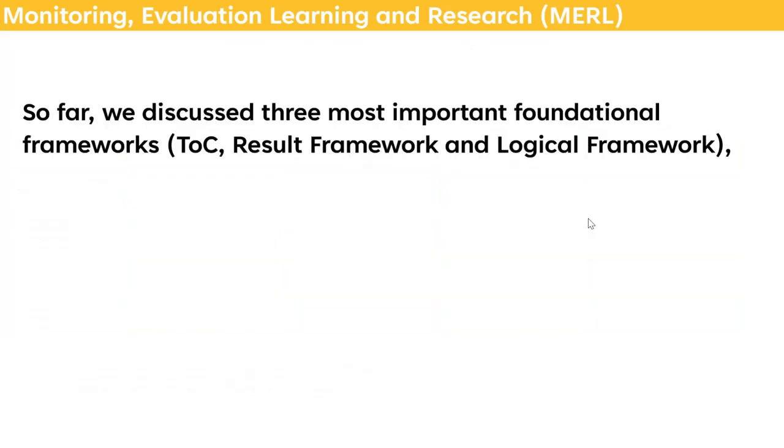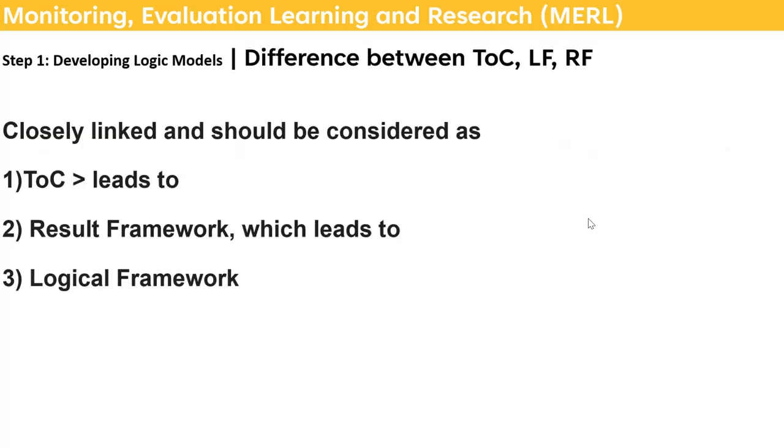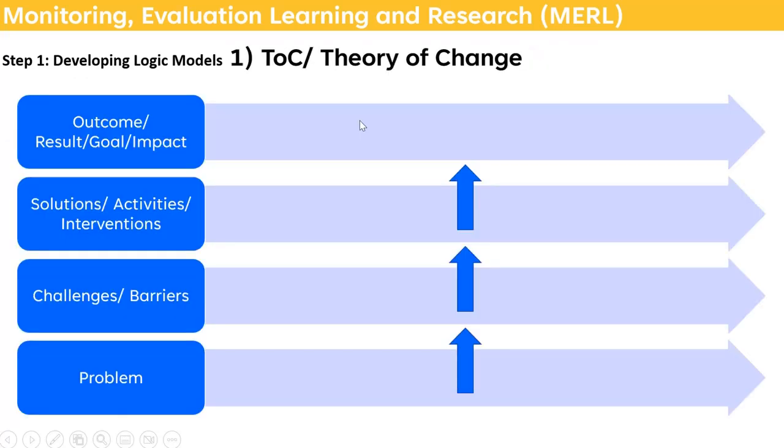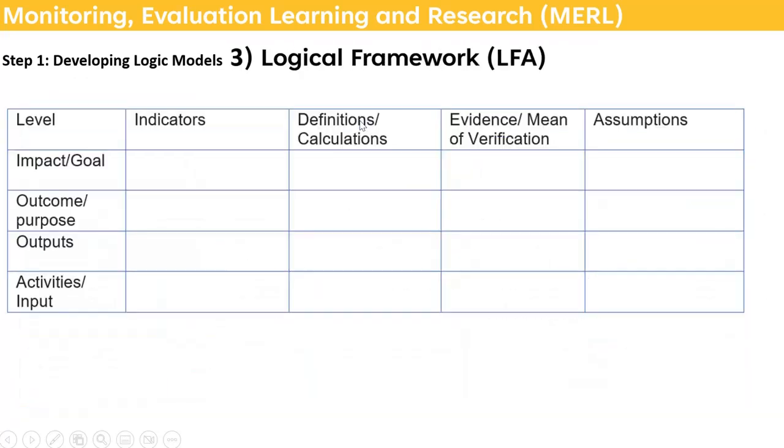So we discussed so far the important foundational frameworks: ToC, result framework, and logical framework. Now here you see these are closely linked. ToC leads to the result framework, which leads to the logical framework. And then this logical framework leads to the proposals and the M&E framework and the M&E plan and the work plan. So this was the ToC, this was the result framework, this is the example of the logical framework.